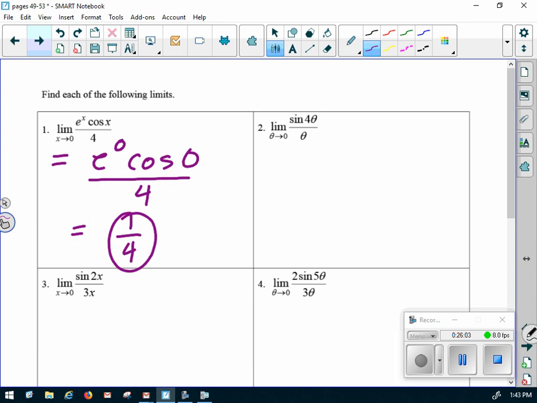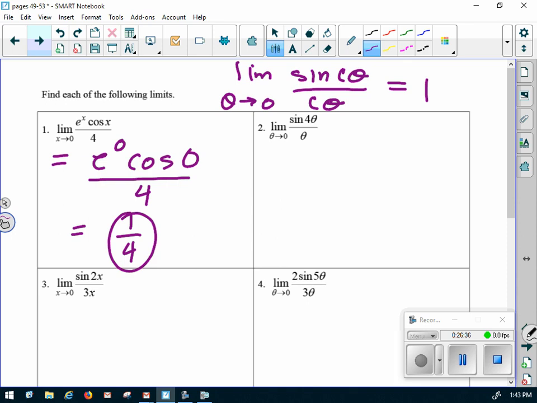Next one, direct substitution. Think it, because it ain't going to work. In fact, I have 0 in the numerator and the denominator, don't I? Here's what we know. The limit of sine of c theta over c theta as theta approaches 0 is 1.